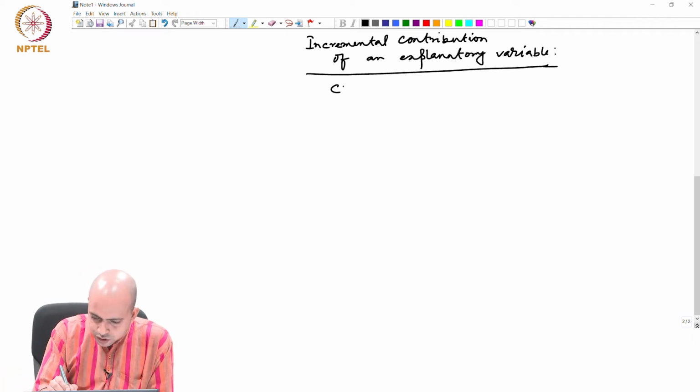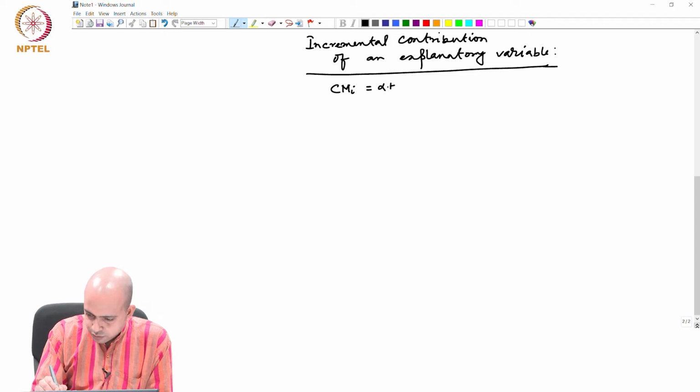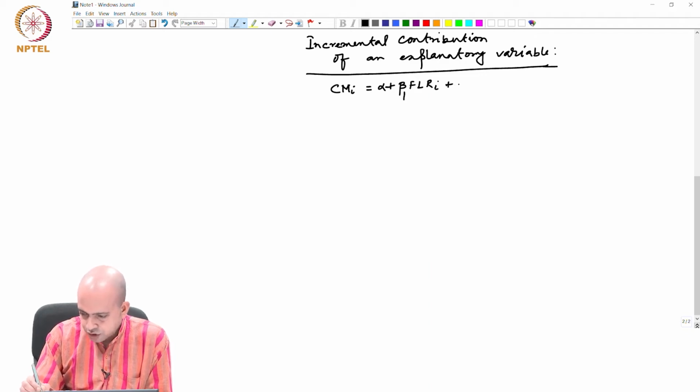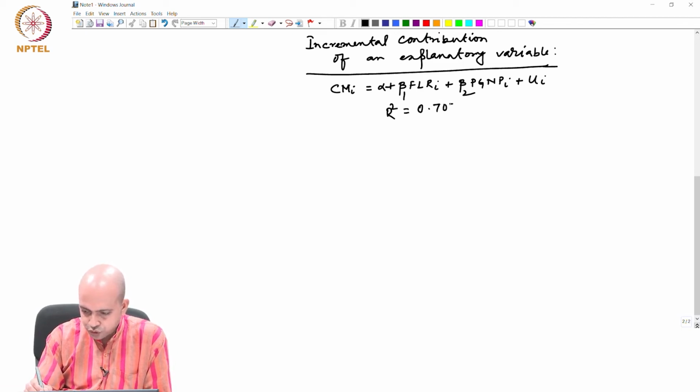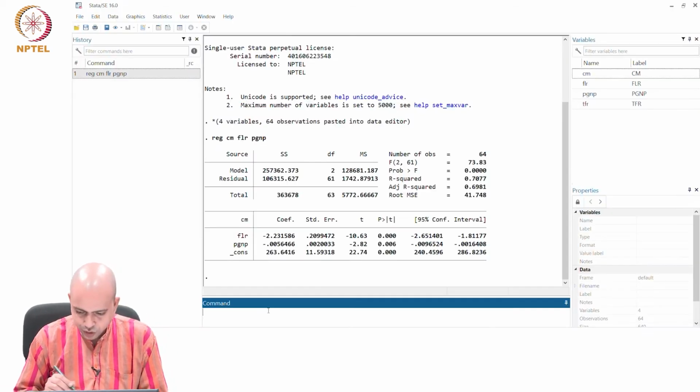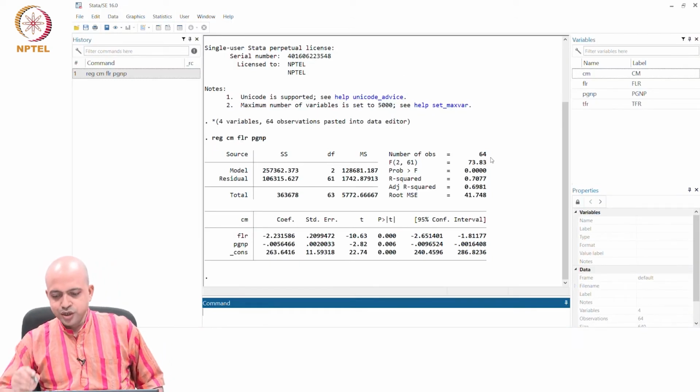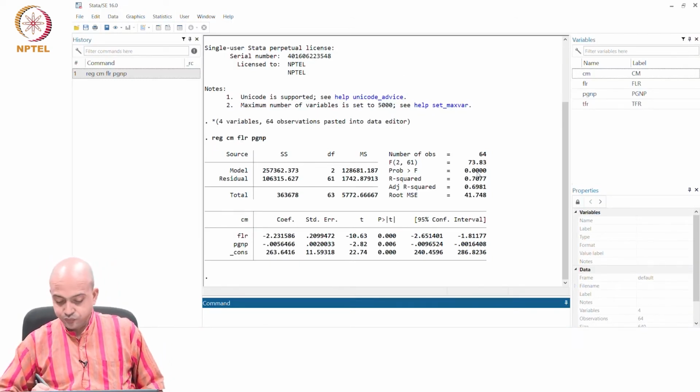So, our model was CM, child mortality rate, we were trying to explain by beta 1 FLR plus beta 2 PGNP. Now, if you estimate this model, what is your R square? Your R square is 0.7077. Look at what is your R square. When you estimate the model, your R square is 0.7077, right.